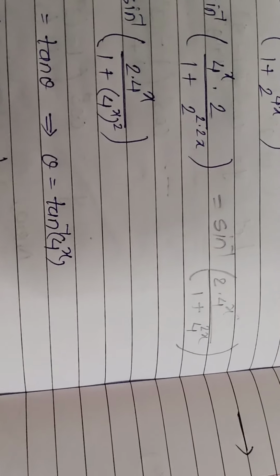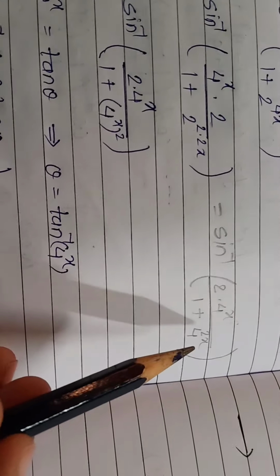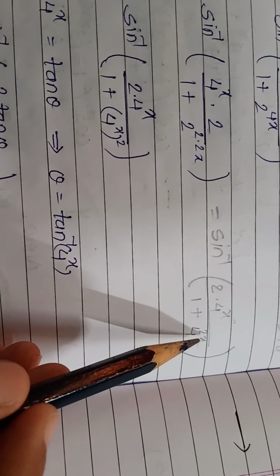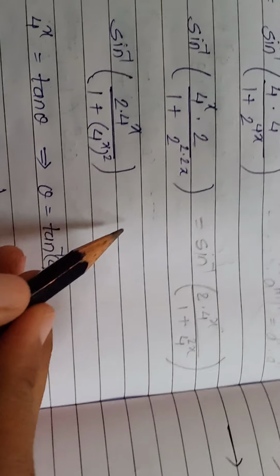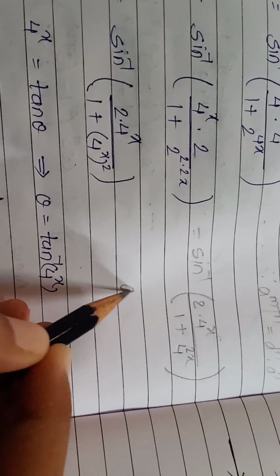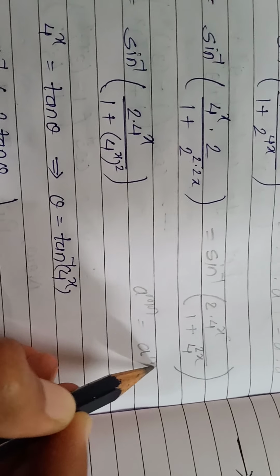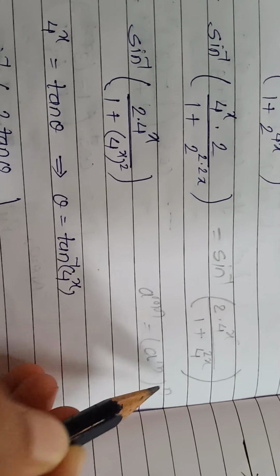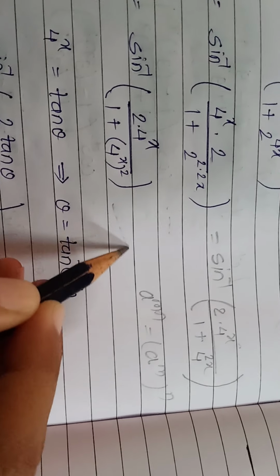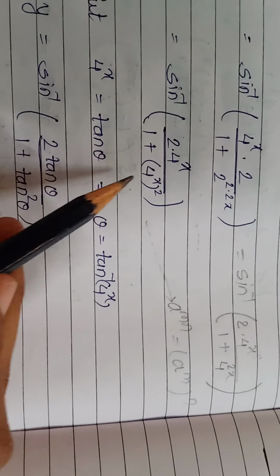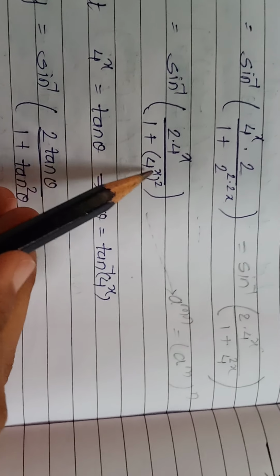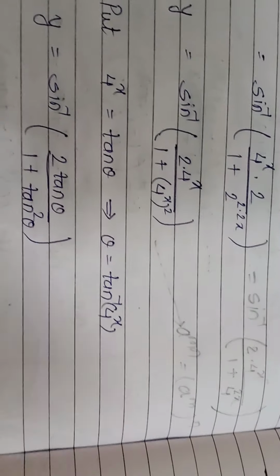As we want bracket square, we'll use here the form a raised to mn, which we can write as a raised to m bracket raised to n. So 2x will split as 4 raised to x bracket square.